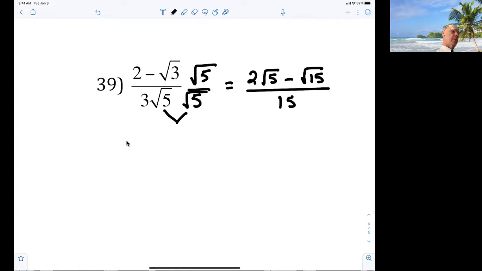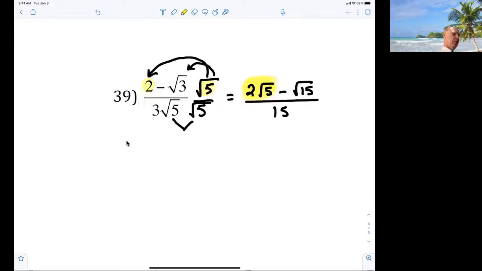Radical 5 times 2 is not a radical. And then radical 5 times 3. Notice we can put those together because they're both radicals. 2 is not a radical, so I can't multiply that and make it 10. It's just 2 radical 5. Agreed? All right, good.